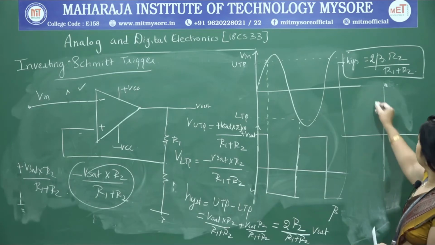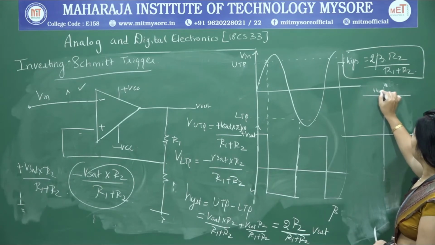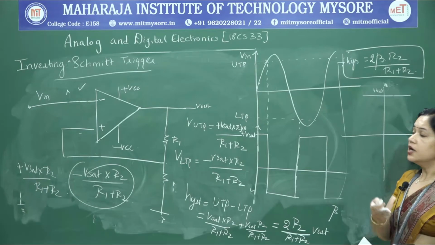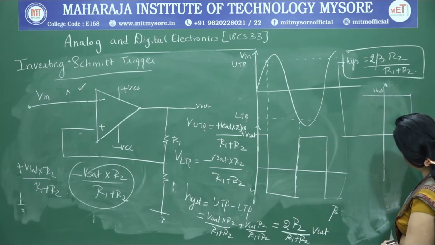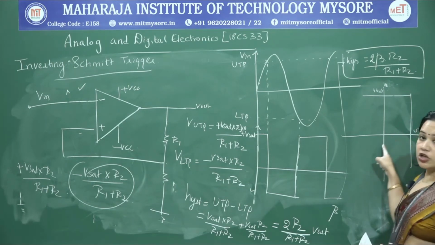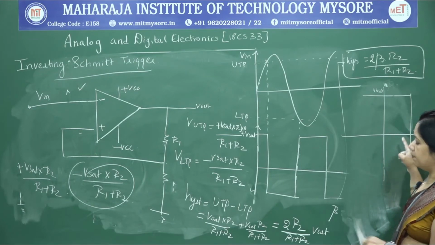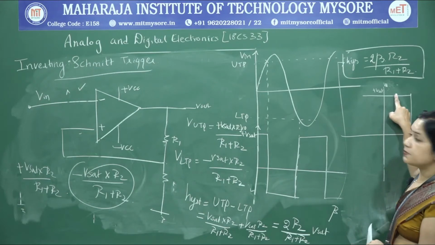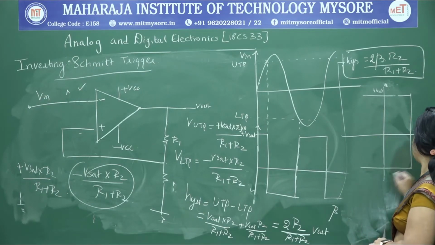So we assume initially the output is at plus Vsat. It is at positive saturation. It continues to be in positive saturation until your input crosses your upper threshold point. When your input crosses your upper threshold point, the output drops from positive saturation to minus Vsat.